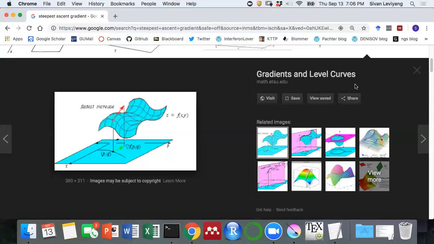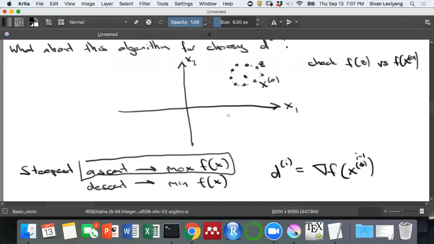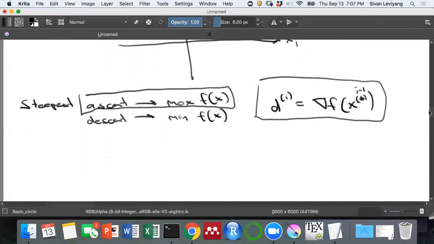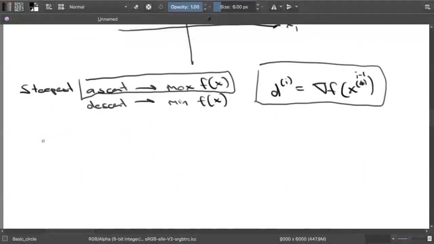Okay. So hopefully, if I've not convinced you, I've at least reminded you or set the scene for why we choose this. Then we just have to choose the step size, and as was mentioned, we also have to choose when we stop. There are all kinds of flavors of steepest descent.